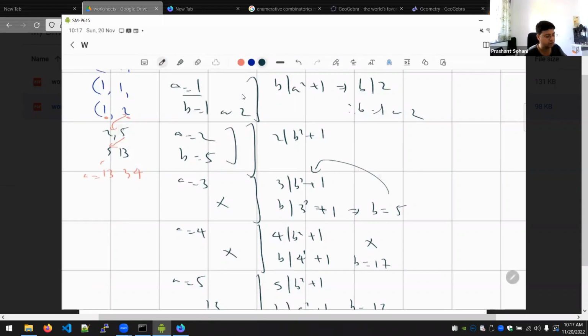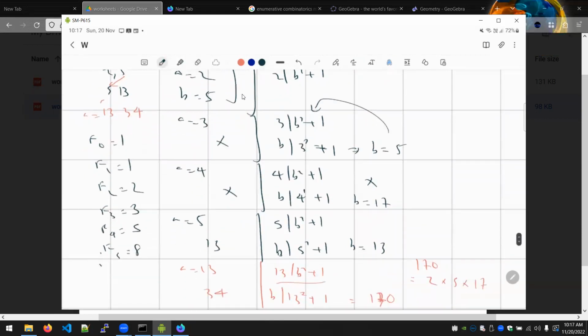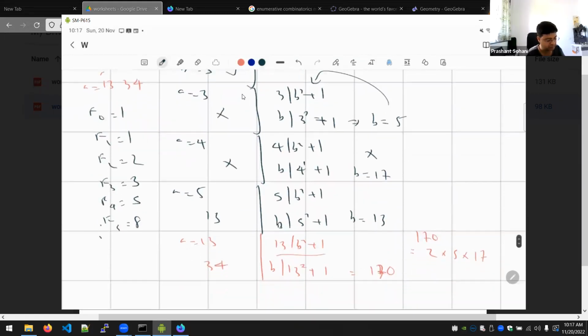So, this is the observation. Let's say F0 is equal to 1, F1 is 1, F2 is 2, F3 is 3, F4 is 5, F5 is 8, etc. The 34 and 89 should work, maybe. 34 and 89 should work.